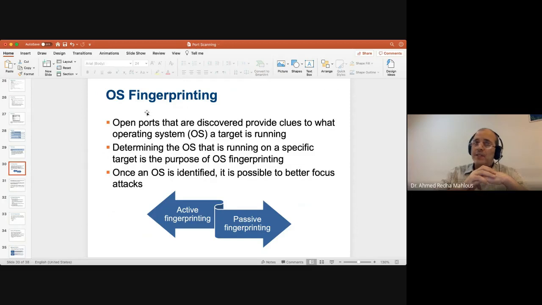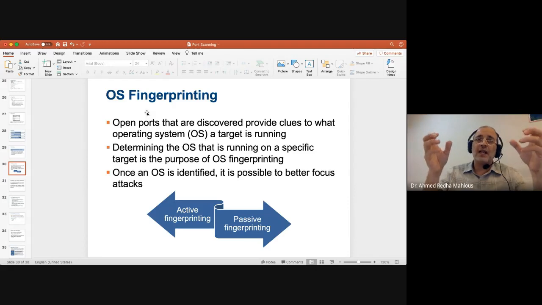Sometimes with nmap, for instance, the result says the operating system is probably Windows 7 with 95%, and Windows 10 with 85%. So it is using the fingerprint. It has signatures.